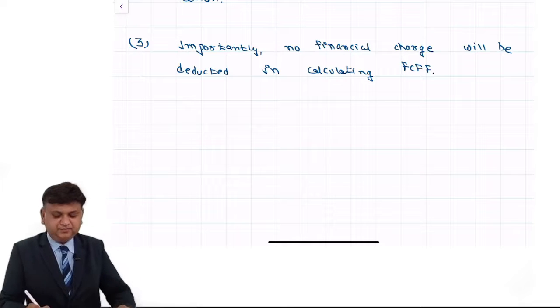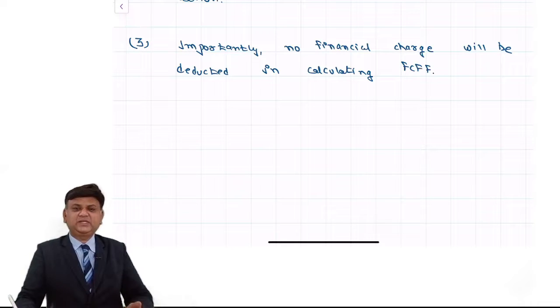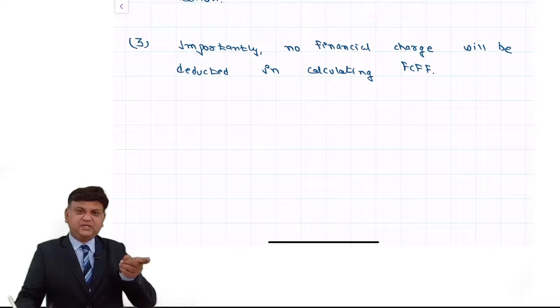Full stop. Friends, the reason for that is very simple. The effect of the discounting factor is already incorporated in weighted average cost of capital.